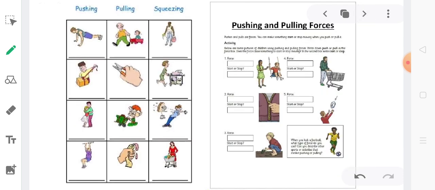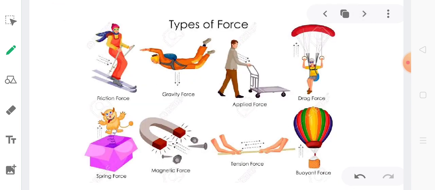Now you can see in the picture that there are different situations showing how force may be acting. So you can see pushing, pulling, squeezing, some common activities that we come across in our day-to-day life, and each one of these is some kind of a force.